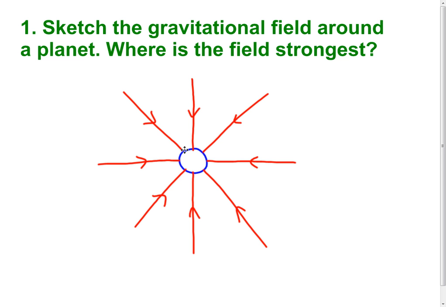If we have a small test object, the direction the force would be on the test object is towards the planet. Okay, so that's what we're looking for, something like this.